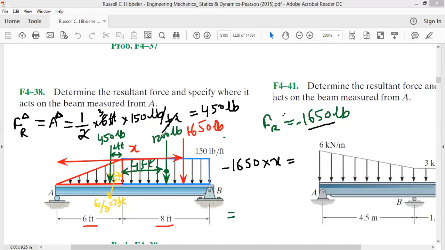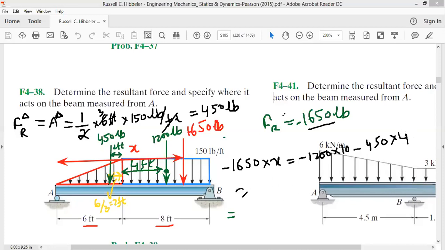The moment because of this 1200 pound force is minus 1200, because it is also trying to rotate the beam clockwise, and its distance from point A will be this 6 feet plus this 4 feet, that is 10 feet. Then the moment because of this 450 pound force, also clockwise, will be minus 450 multiplied by the distance, which is 4 feet.